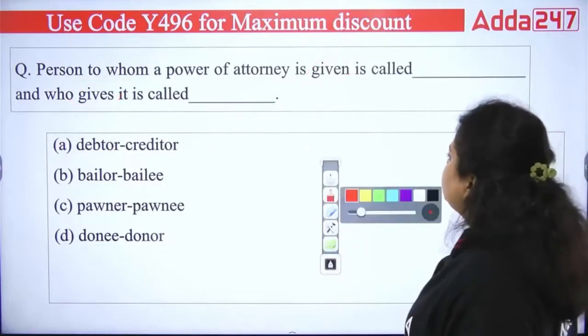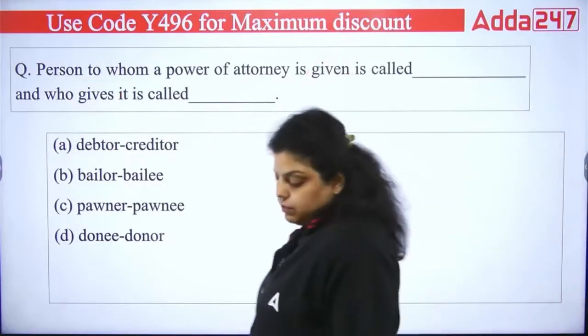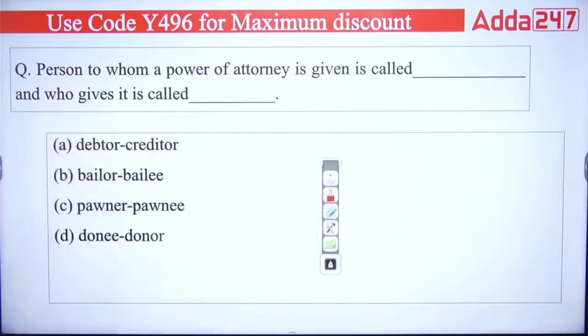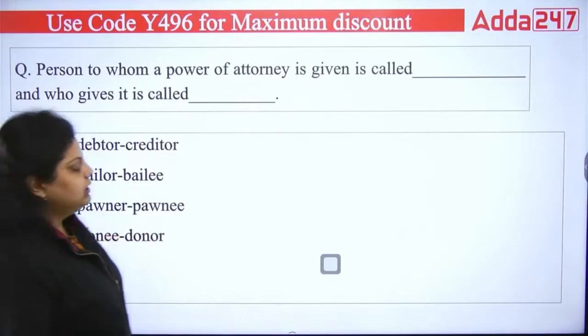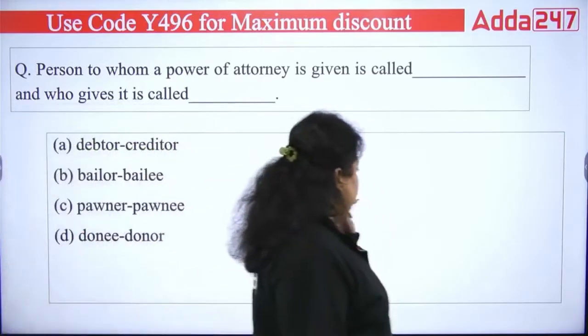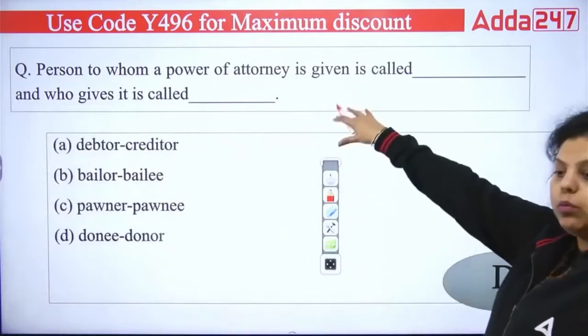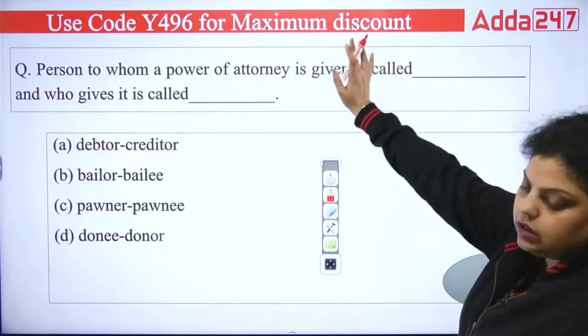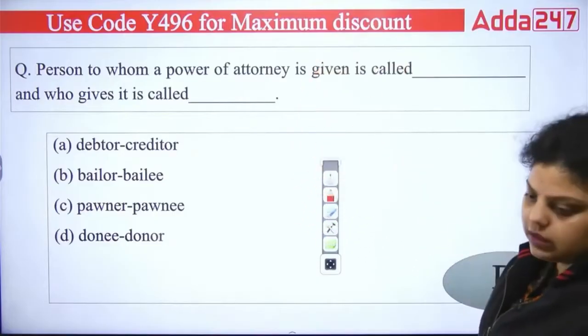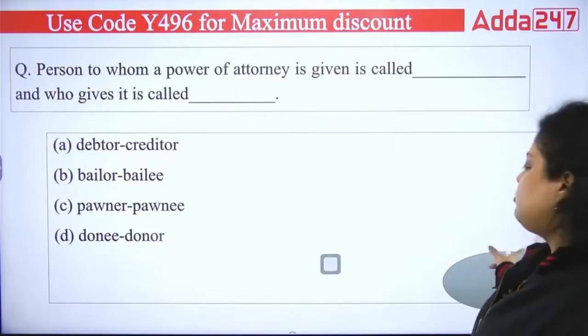Debtor, creditor, bailor, bailee, pawnor, pawnee, or donee, donor? And the right answer is obviously your D option, donee and donor. This is the name, or we can call it the relationship, of the persons to whom power has been given and by whom it has been given. Okay, so the right answer is D.